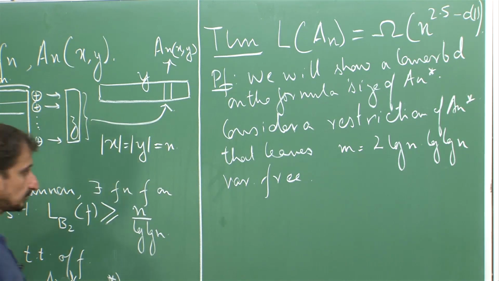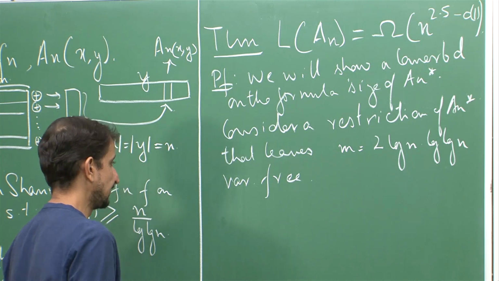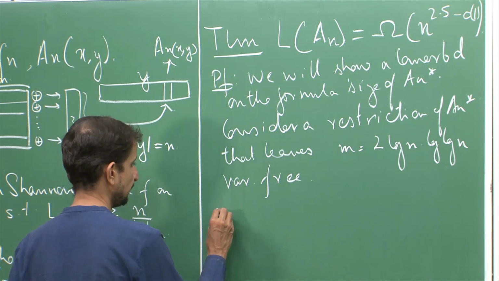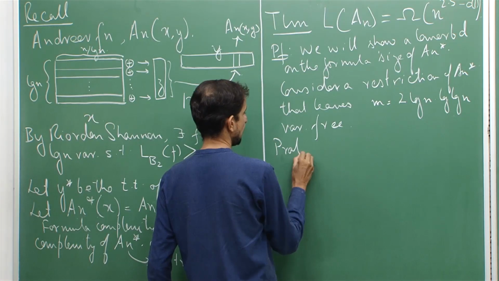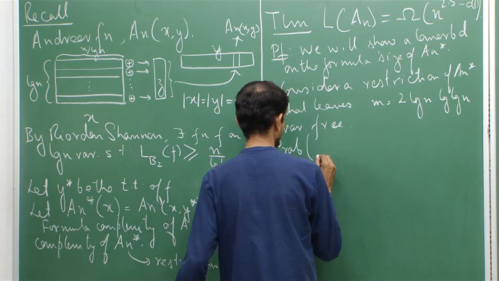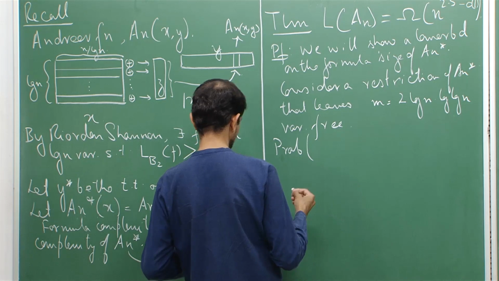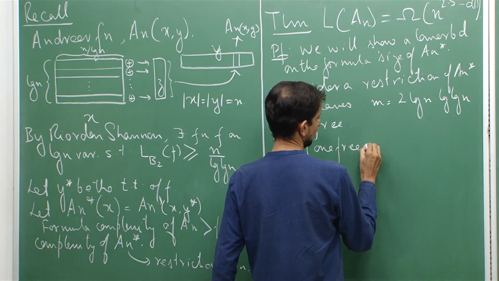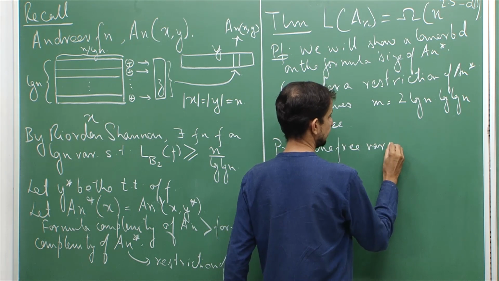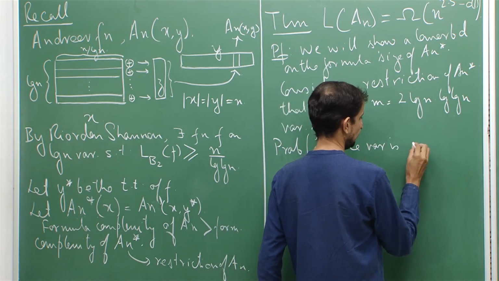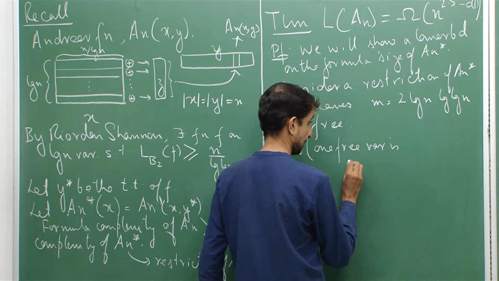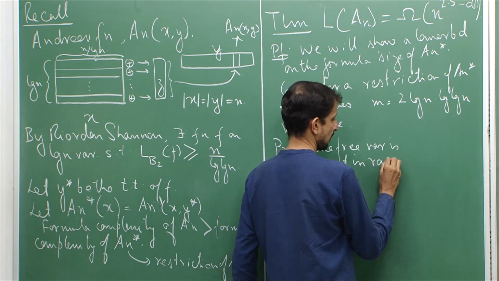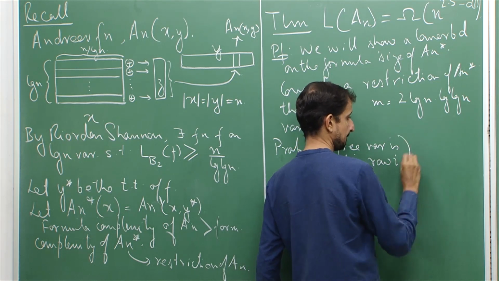Now, let us try to analyze the probability that one free variable is not in row i.